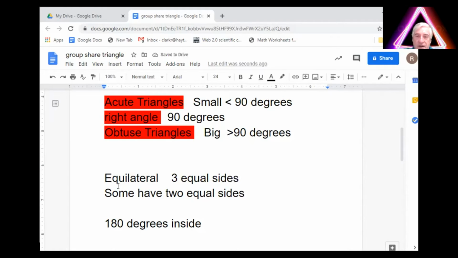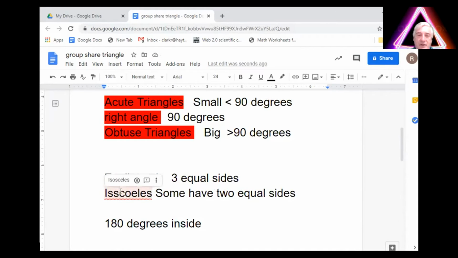Some have 2 equal sides. Yes, they do. And we're going to call those isosceles. And that's not right. What's not right about it? I think there should be another O in there.